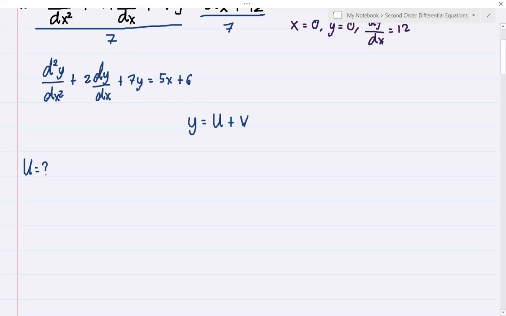Finding your u function is the same as the way you find the general solution for a second order homogeneous differential equation. It's the same procedure.